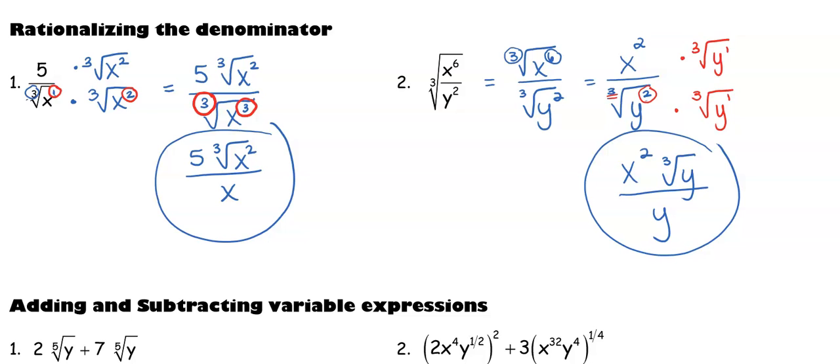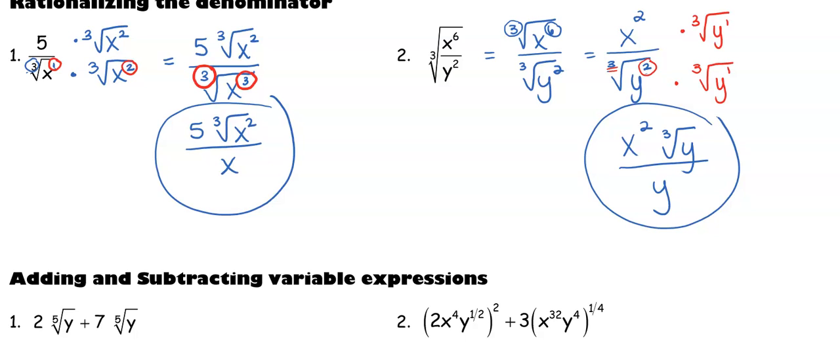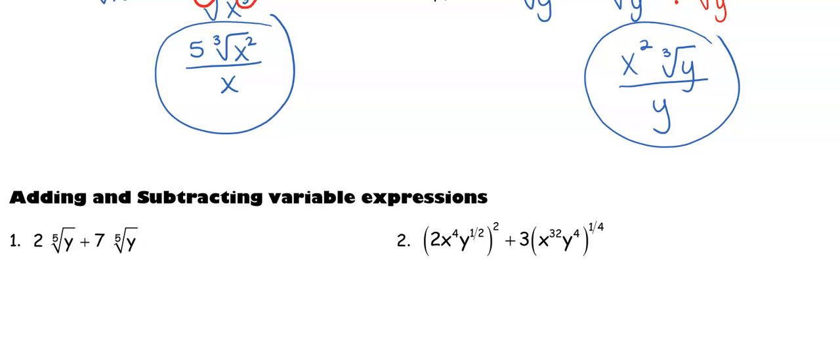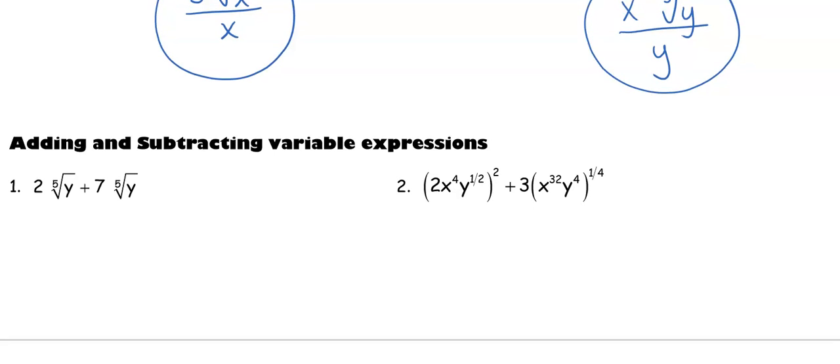All right, the last part of this is adding and subtracting. So when I am adding, think about adding like terms. You need to have like terms in order to combine your pieces together. To be like terms, you have to have the same root and the same base inside of that root. So this is perfect.